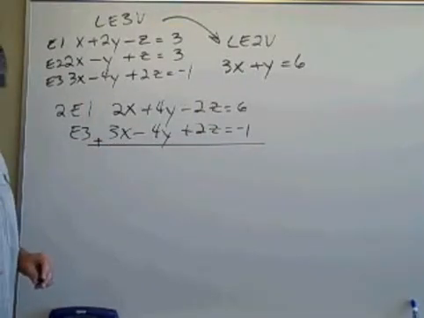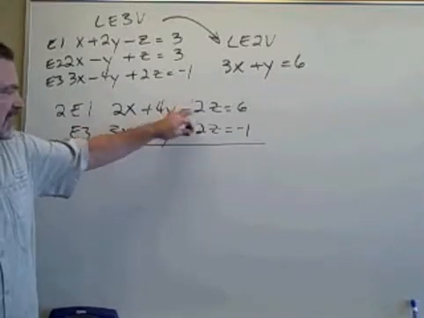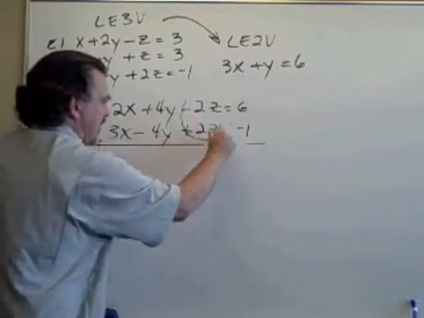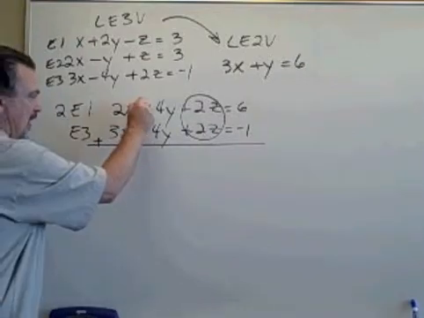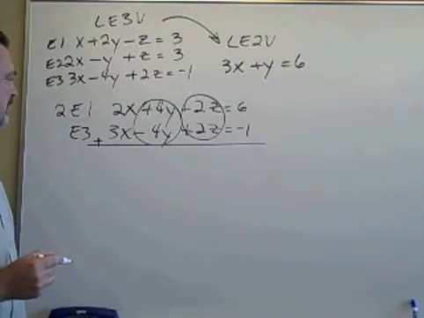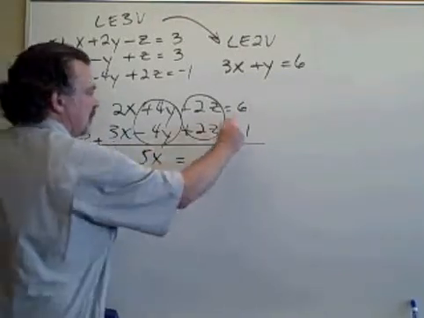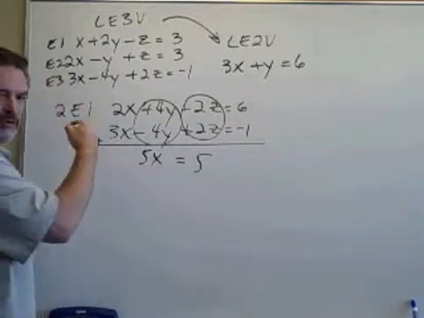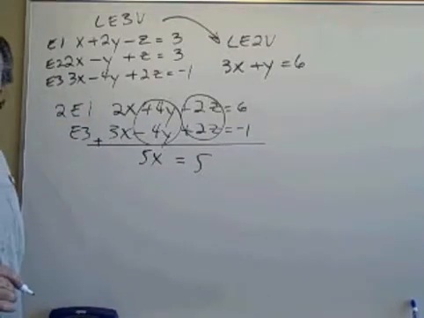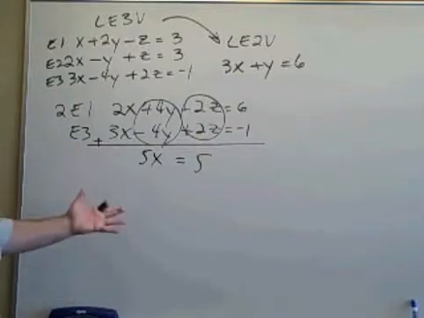Oh, wow, that was nice. Not only will the z's cancel because I have additive opposites there, but I also have additive opposites for the coefficients of the y. So I have 2x plus 3x is 5x equals 5. I've created my linear equation in 1 variable that I wanted. Wow, that was nice. It doesn't always happen for us, but it did happen in this case.